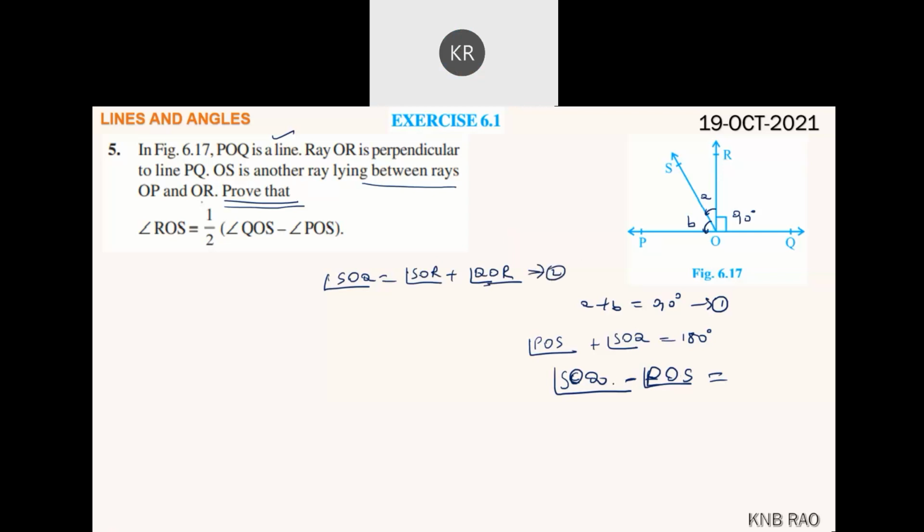Angle SOR means A, sir, and angle QOR we proved before, sir, 90 degrees means it is angle A plus angle B, sir. Then angle SOQ will be 2A plus B, sir.